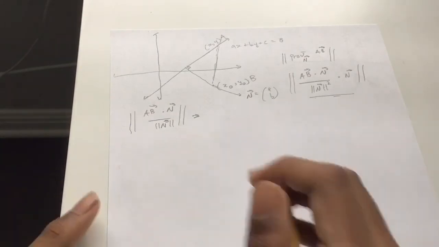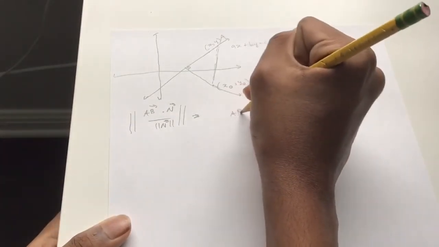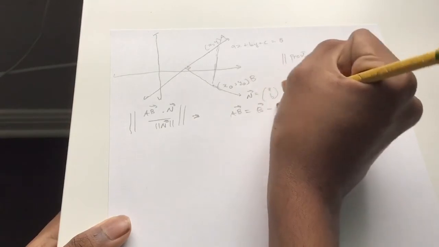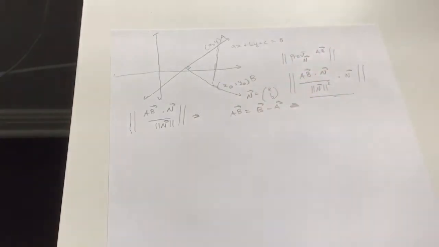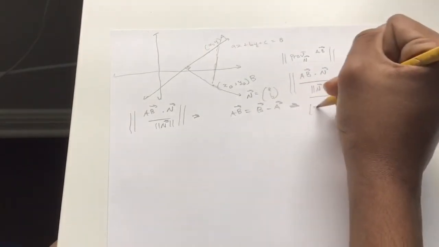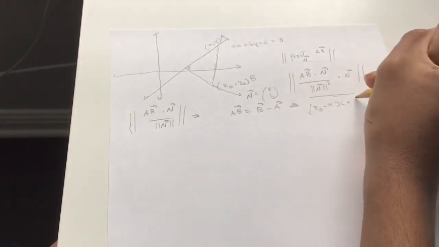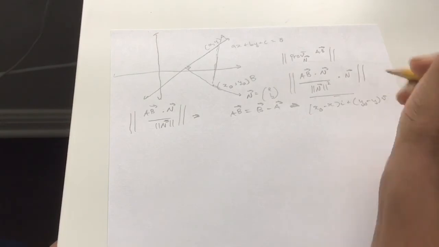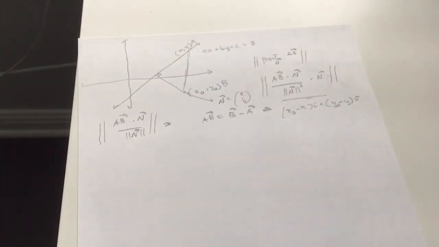How do we get the vector AB? We know this is equal to vector B minus vector A. So what does this become? This becomes (x naught minus x) i plus (y naught minus y) j. And what is the normal vector?